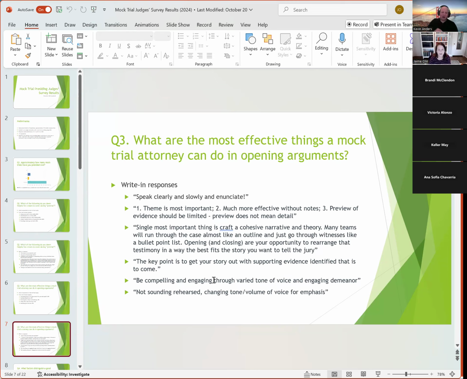Now, if you do happen to use notes in opening arguments, what I've seen other speakers do in other contexts is they will underline keywords to emphasize, which will note when to modulate their voice.